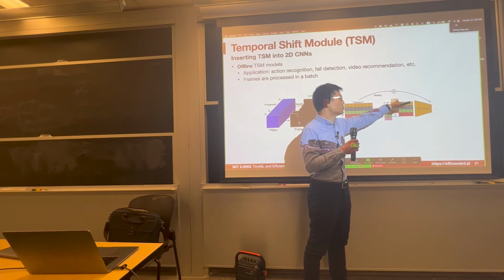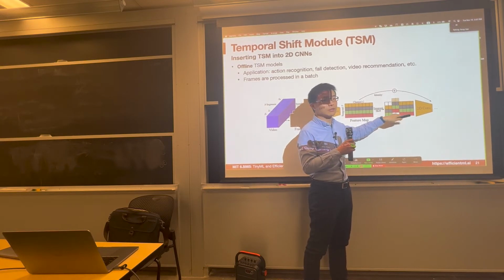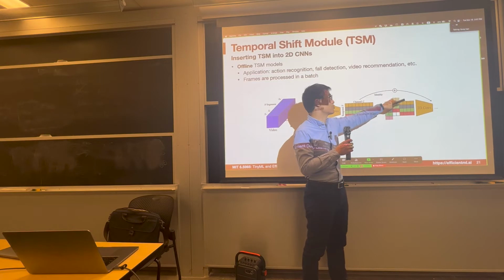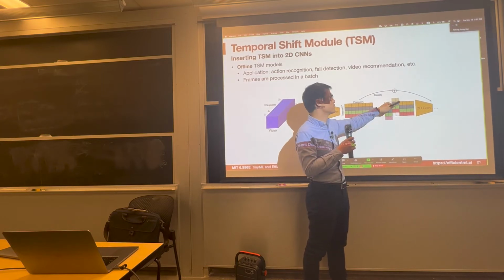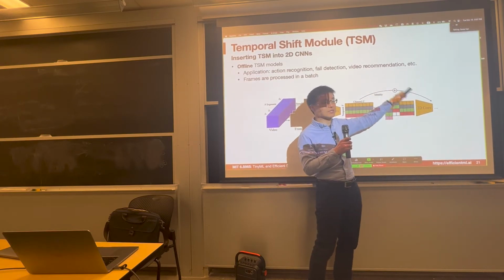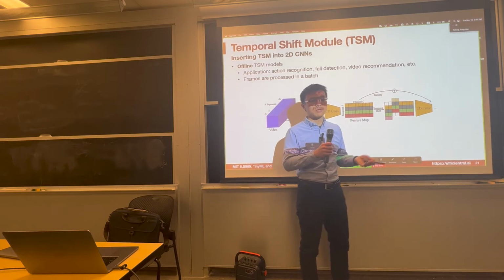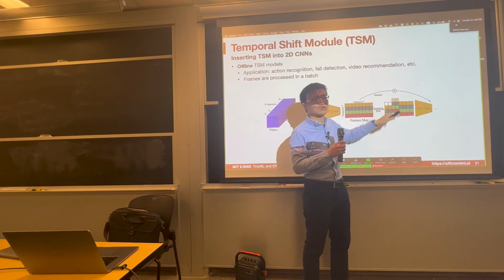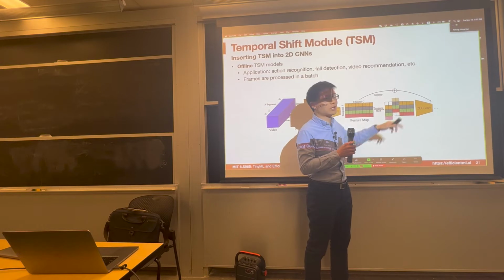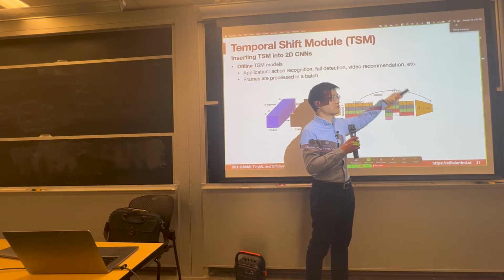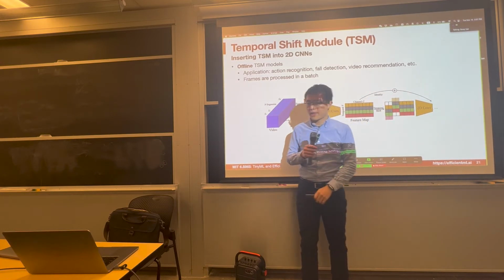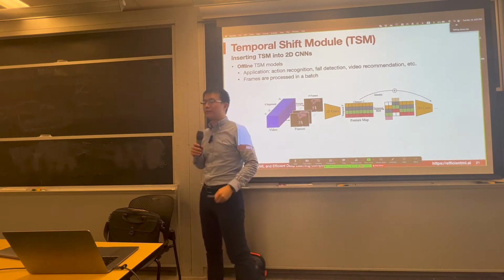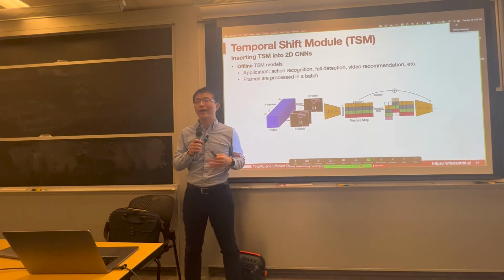We also tried this rotational shift, but that doesn't help. We can just throw this part away and pad with zeros. And we have a bypass layer, which is very crucial to compensate for the information loss for these channels. So that is one TSM module.